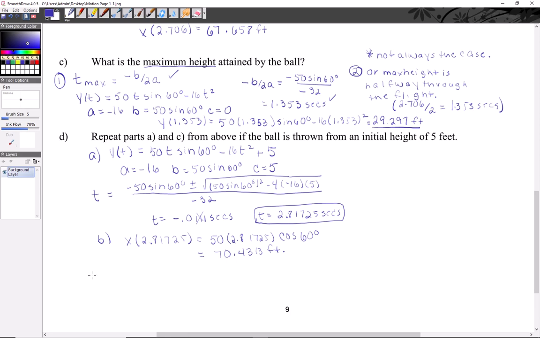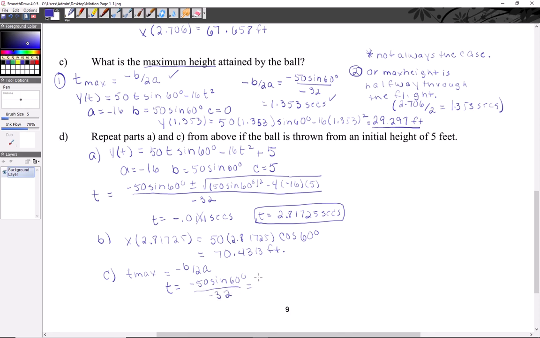All right. So then C for Y max, we'll go ahead and do, let's see, this would be T max actually. This will be the opposite of B over 2A. That'll be the opposite of B, which is negative 50 sine 60 degrees, over twice A, which is negative 32.